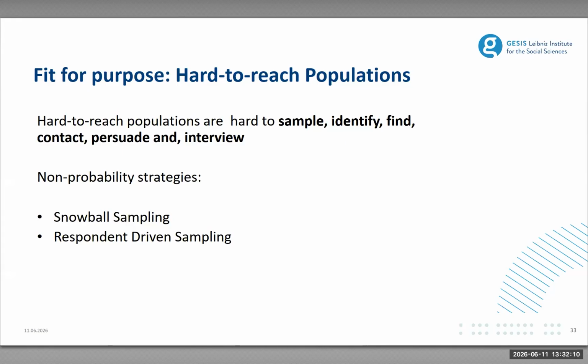So the only option often to get many respondents or participants would be non-probability surveys like snowball sampling. So maybe starting with a probability survey, we have participants from these groups we want to study, then ask them to give the link to the survey to their friends from the same group.